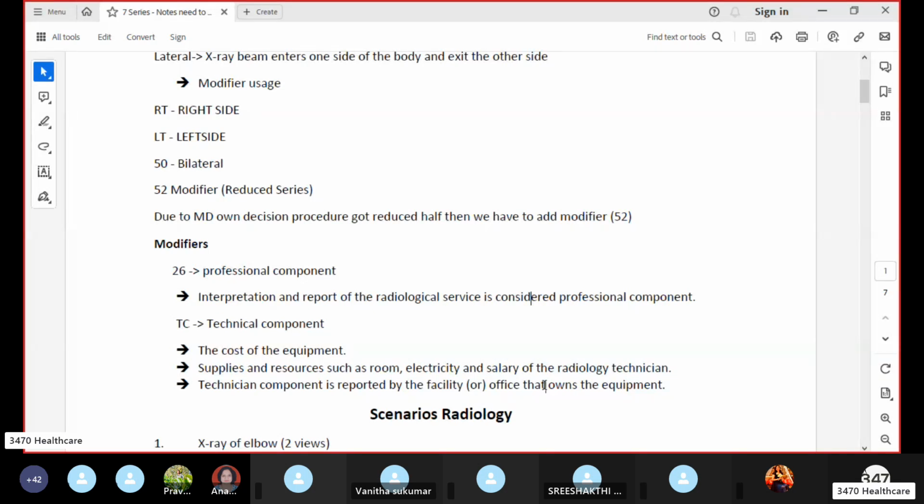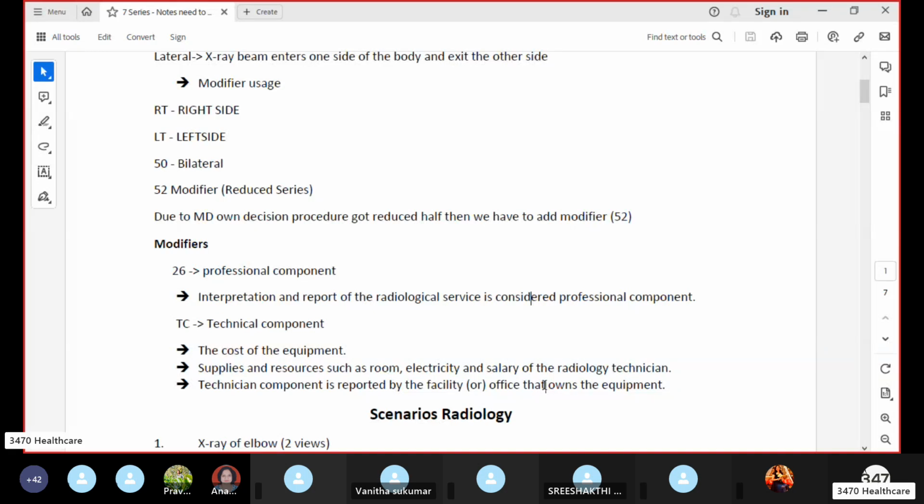Whether some mass is present in the chest or nothing is there, everything fine. This is for the professional component. For the interpretation given, results given by the provider, you need to add 26, professional service.